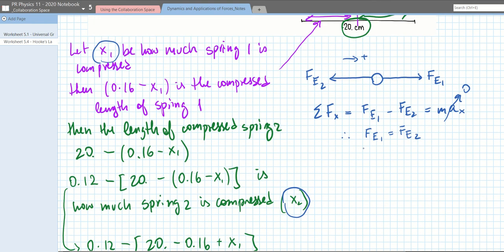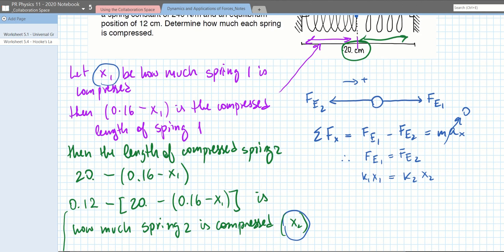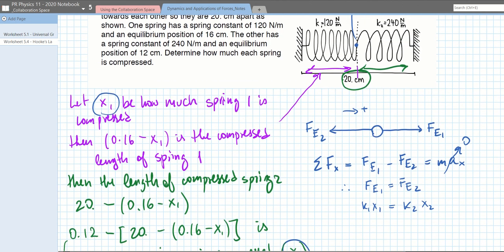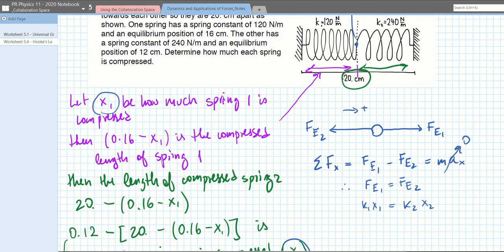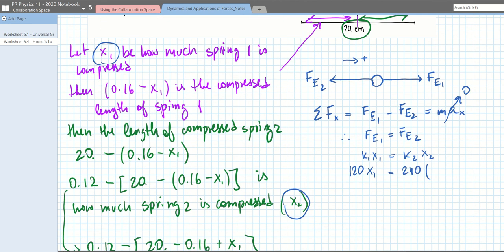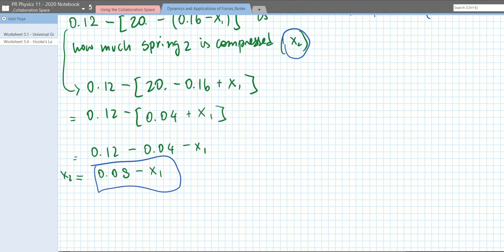So this one is going to be our k1 x1 equals k2 x2. Now the x1 is just going to be x1, so we just plug in our k1 value, which is 120 newtons per meter. So 120 times x1. K2 is 240 times x2, and x2 is all of this, 0.08 minus x1.